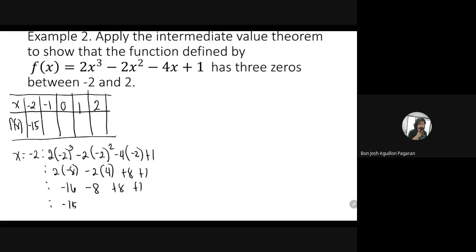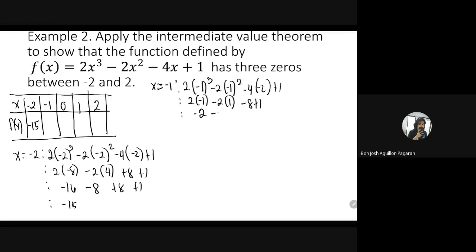When x is negative 1, that's 2 times negative 1 cubed minus 2 times negative 1 squared minus 4 times negative 1 plus 1. This will be negative 1 minus 2 times 1 minus 8 plus 1. So we have negative 2 minus 2 minus 8 plus 1.